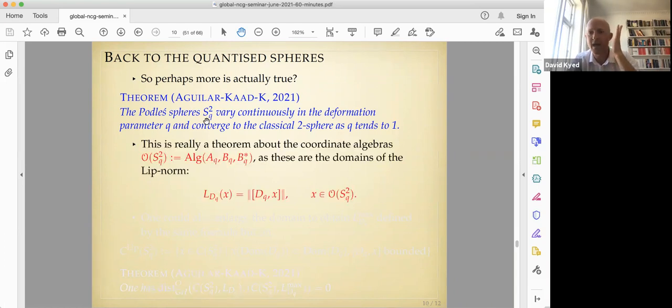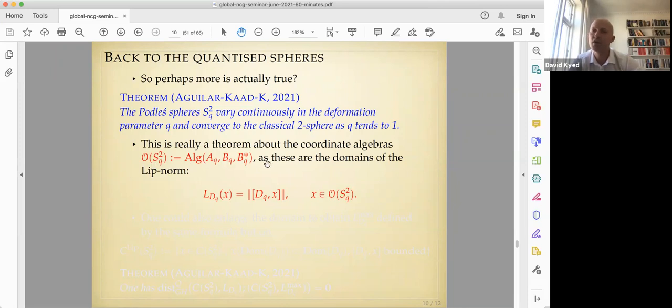This is really an algebraic theorem, the way we proved it at least. So there's a theorem about the coordinate algebras. So remember, the Podleś sphere was generated by A and B. So I can look at the algebra that these operators generate together with the unit, and this will give me a nice, dense subalgebra inside the C-star algebra.